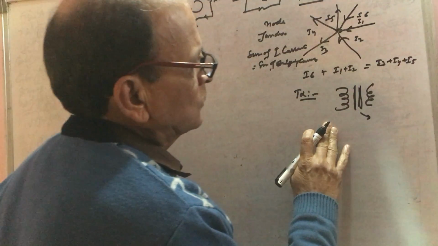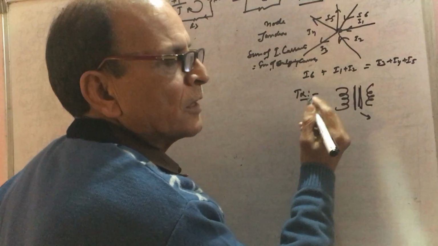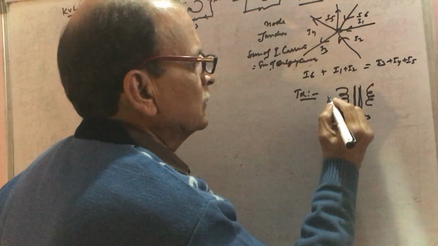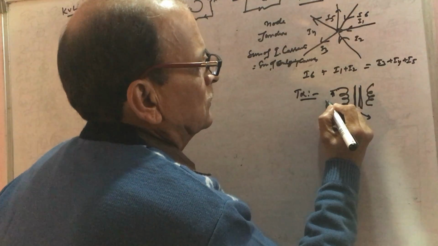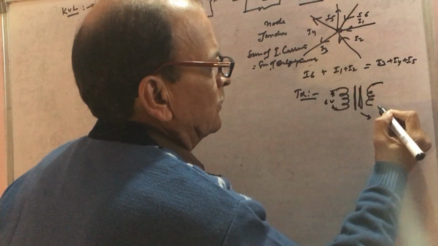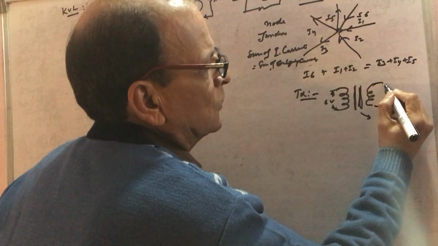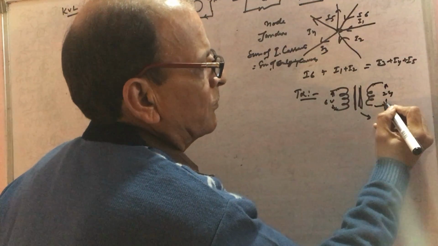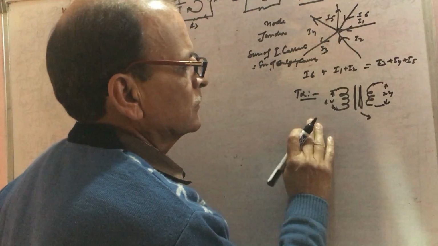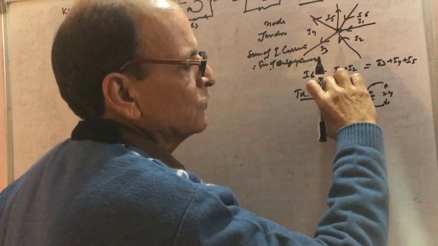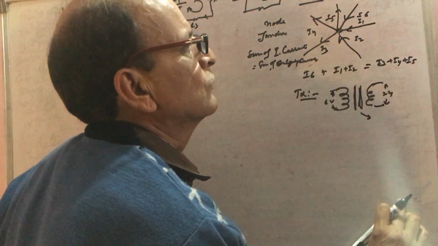So transformer is used to step up or step down the voltage. Step up means if here we have 6 volt, and we use a transformer for step up, so input voltage is less, output voltage is more, and step down it is reverse. Here we have more voltage, here we have less voltage.